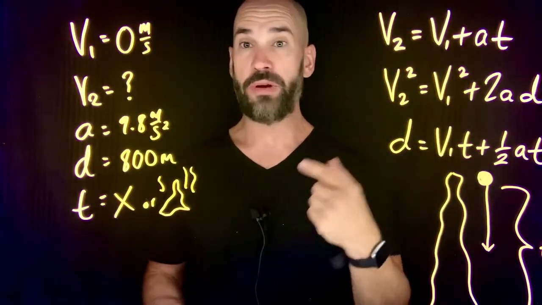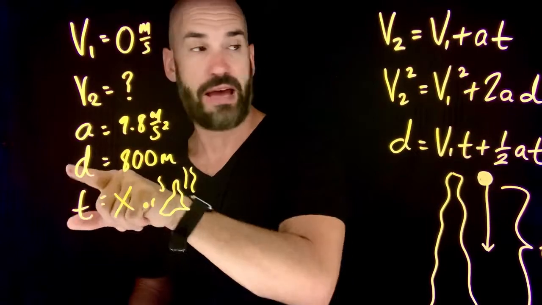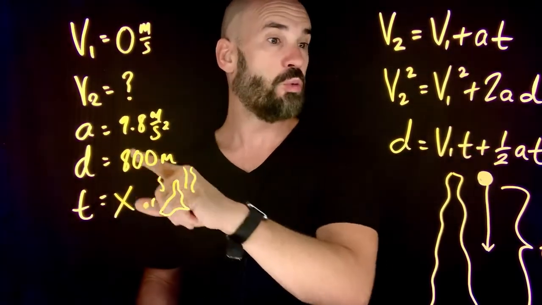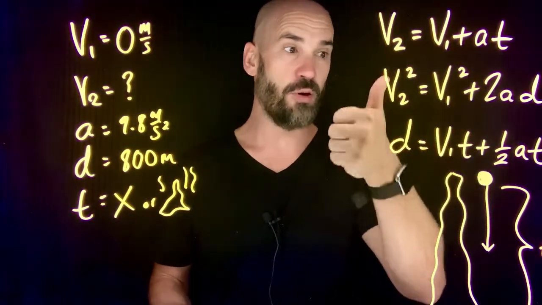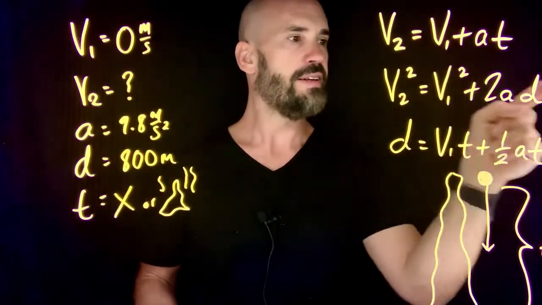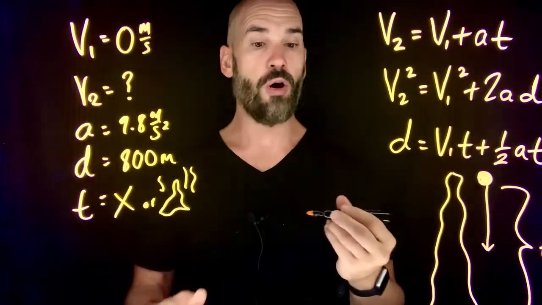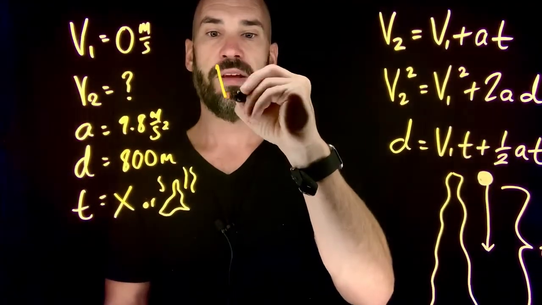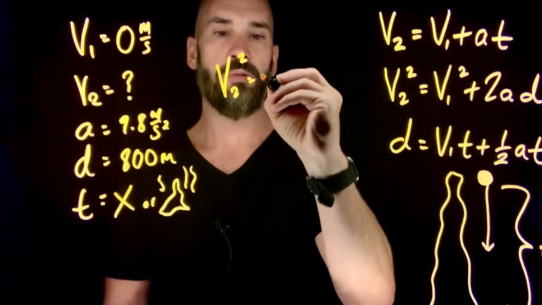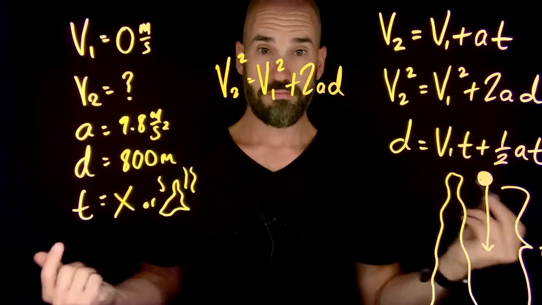We have V1, we need V2, we have A, we have D. So which of these equations has V1, V2, A, and D? It's the second equation. So we know that we're going to want to use V2 squared equals V1 squared plus 2AD.